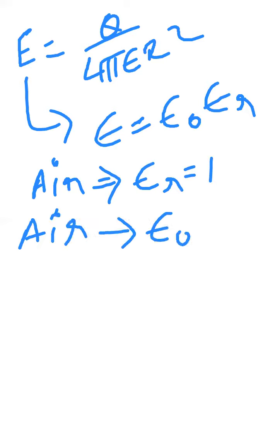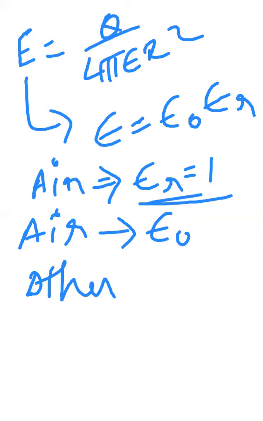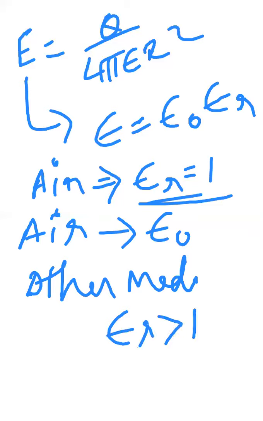Epsilon naught is some value, anyway we will substitute that there. And for any medium other than air, epsilon r will be greater than 1. It cannot be less than 1. So the simple idea: for any other medium other than air, epsilon r has to be greater than 1 only.